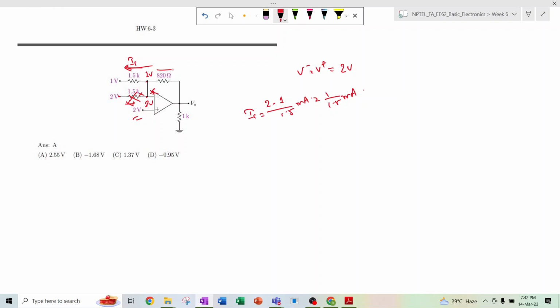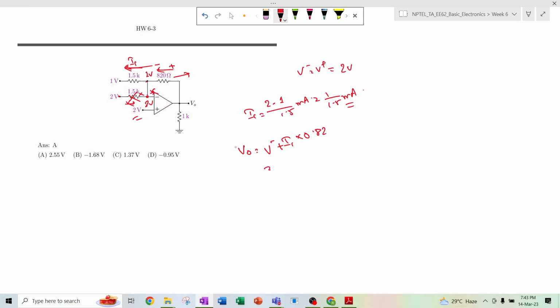So this entire I1 current flows through this side. So VO will be nothing but the voltage over here, that is V minus plus I1 into 0.82, because I1 is in milliampere. So it should be represented in kilo ohm, then only the volt will come.